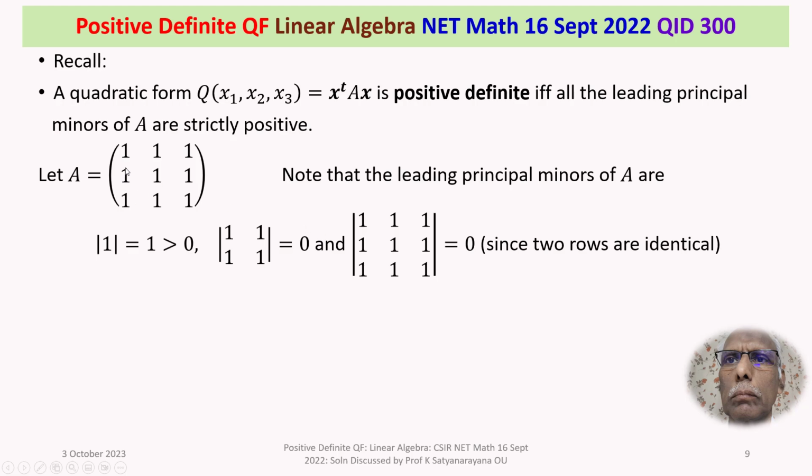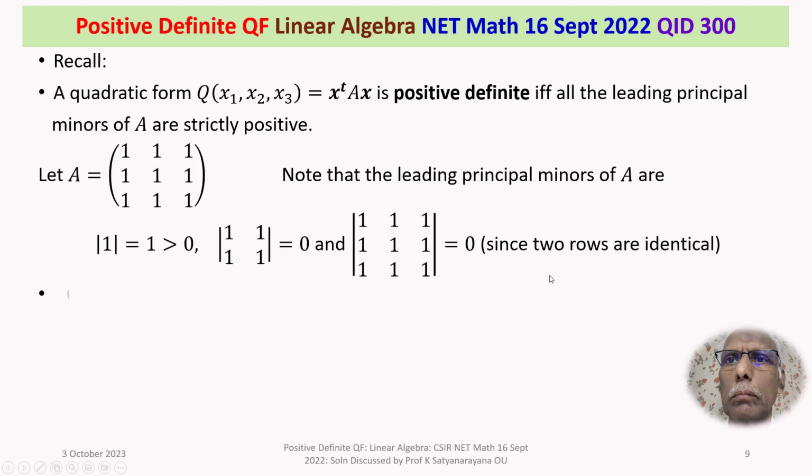And the leading principal minor of order 3 is the whole determinant and is equal to 0. Why? Because two rows are identical.